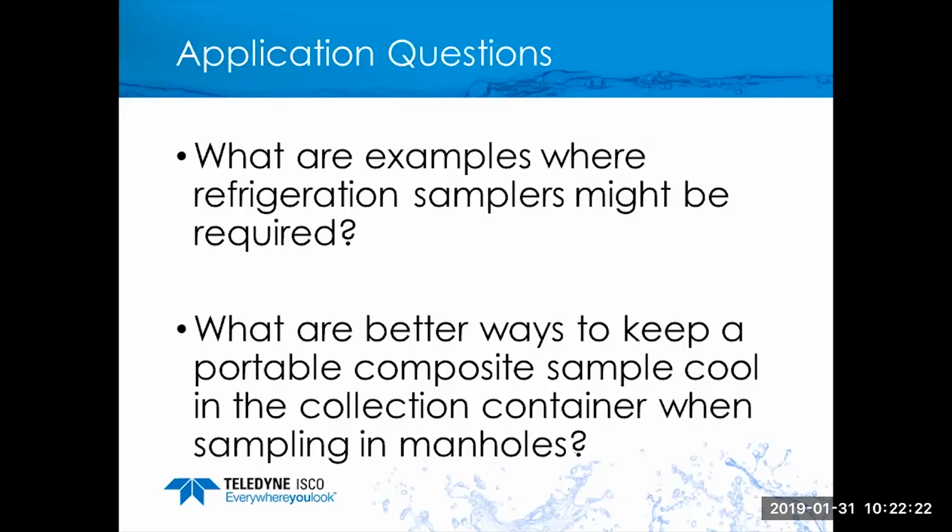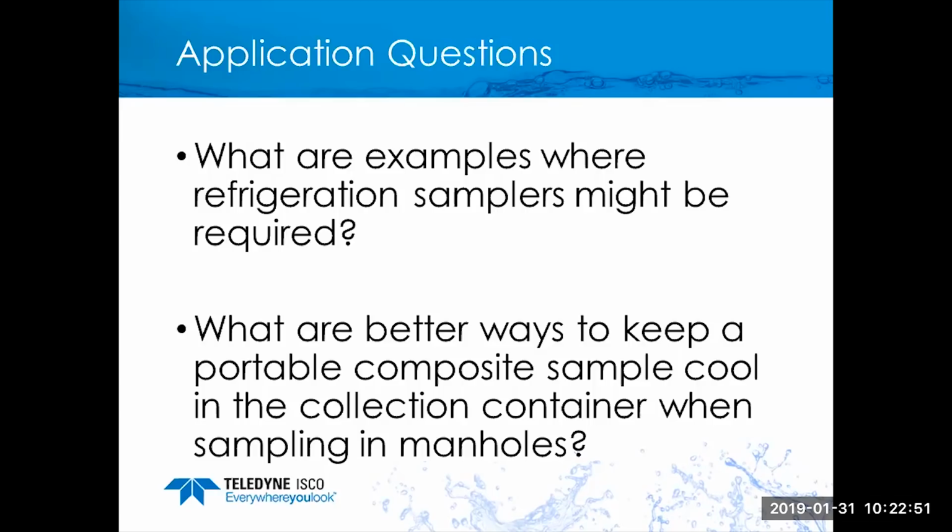Now, we do have refrigerated transportable or refrigerated sampler options, namely the Avalanche and the Glacier. These can be operated with either a 110 or 120 volt AC source or 12 volt DC. Typically, they're going to be utilized in an application where there is a need for event-based sampling, like stormwater. So the refrigeration system is dormant.